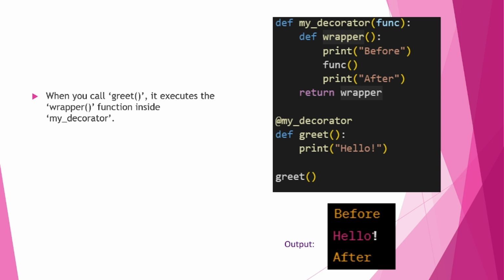So before will be printed before and after will be printed after. So we didn't actually change the code of the greet function. So later we can use the greet function for something else. But we modified its behavior by applying this decorator function to it. And that's the whole purpose of the decorator.